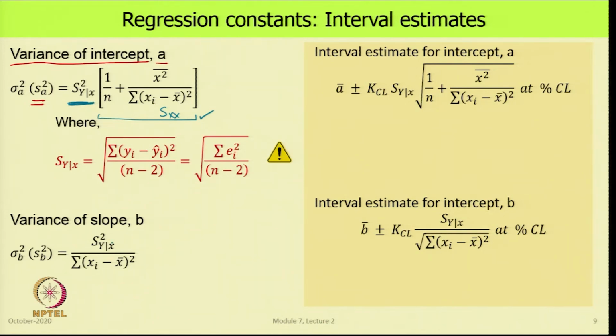Here there is an important definition coming up, that we define S y x as square root of summation (y i minus y hat) square upon n minus 2, where y i minus y hat is e i, so it is summation of e i square divided by n minus 2. N minus 2 comes because we lose 2 degrees of freedom, one for the mean and the other for the mean value of the other parameter.